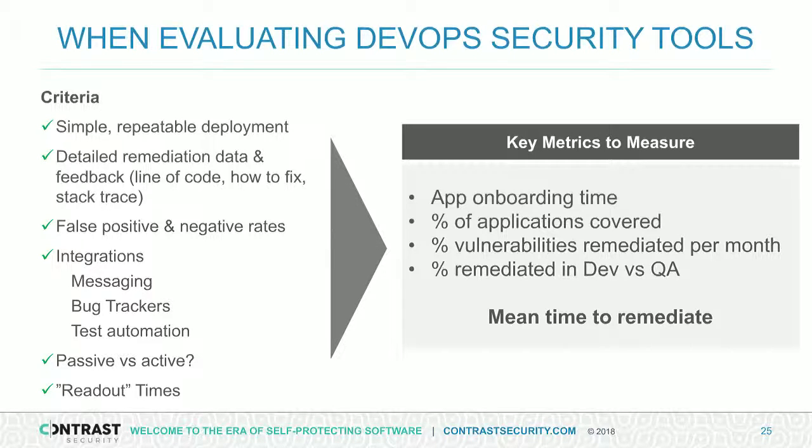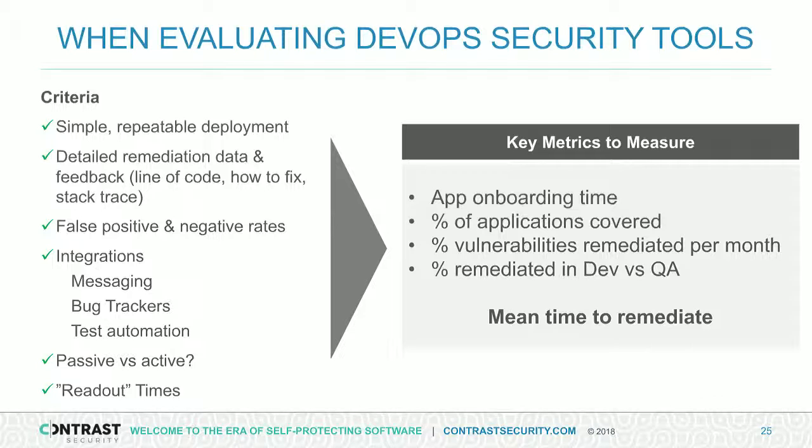So when you're evaluating DevOps security tools in order to get to DevSecOps, I've just listed some criteria on the left-hand side here so that you can see the types of things that you need to talk to a vendor about.